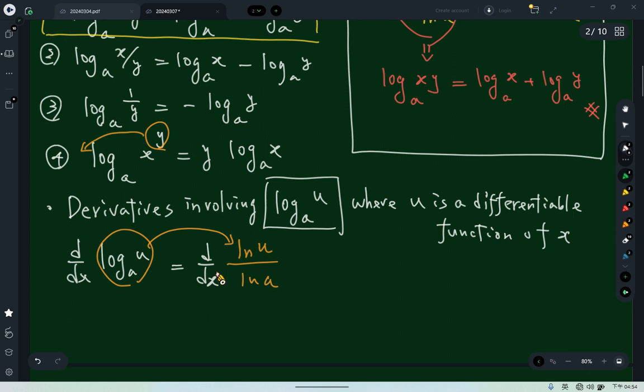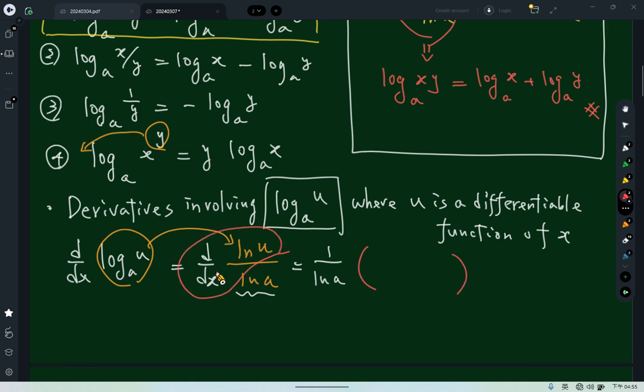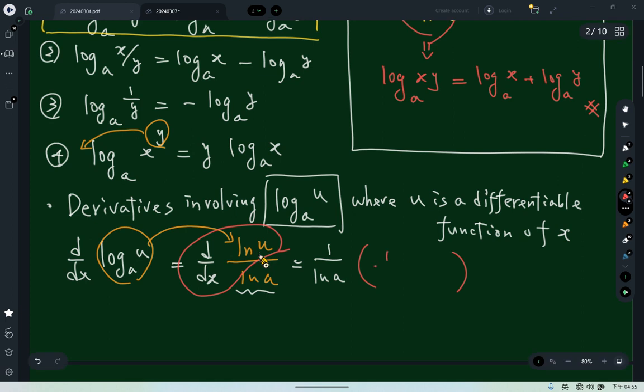Then, because this is constant, we can just move it out, 1 over ln a, right? Then we try to differentiate this one. So what's the result? What is the result? 1 over u times du over dx.